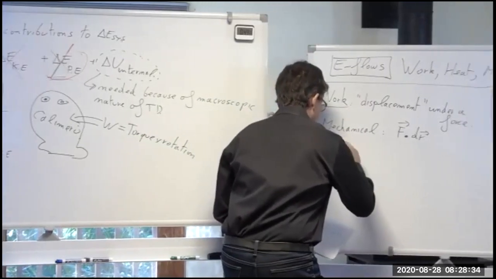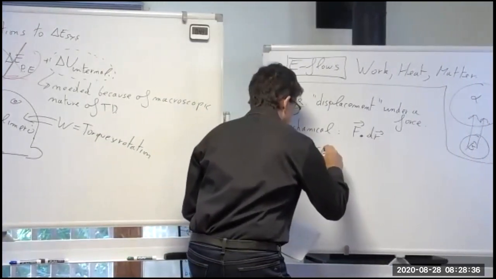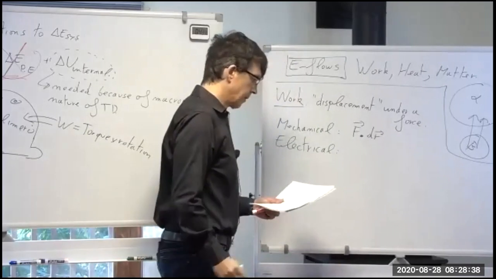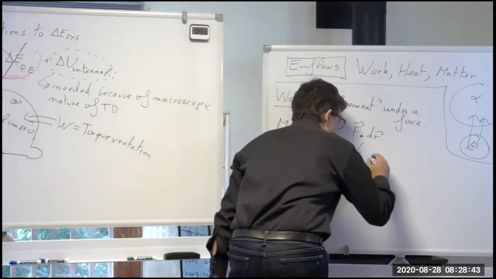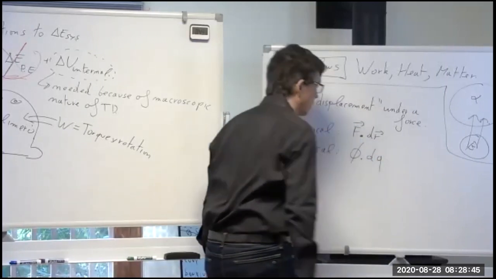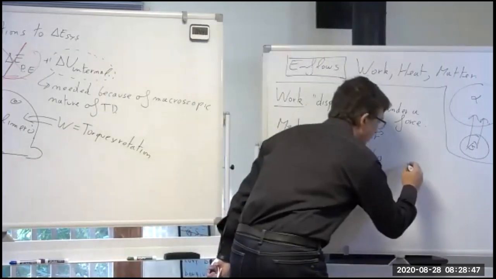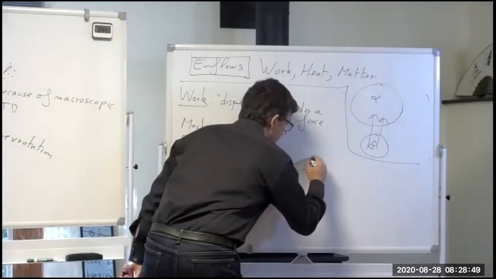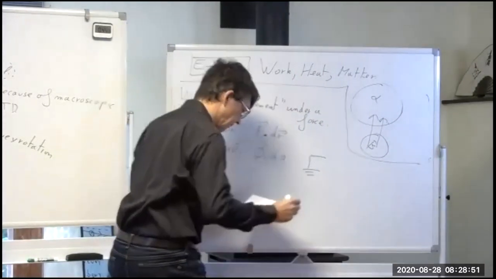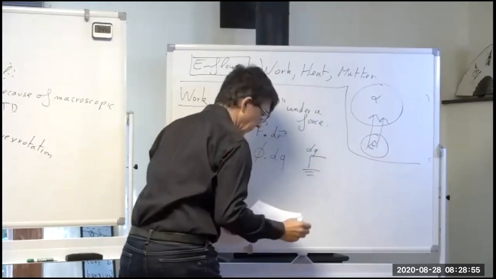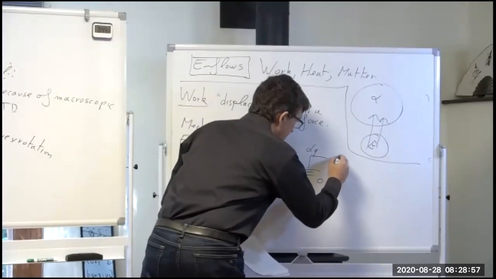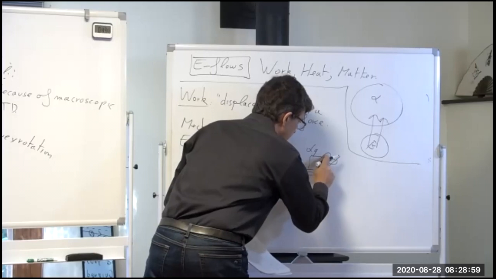You have electrical, which you could write as, say, a potential over which you transfer times the differential charge, dq. So if I transfer a charge dq from, say, 0 to a potential, right?